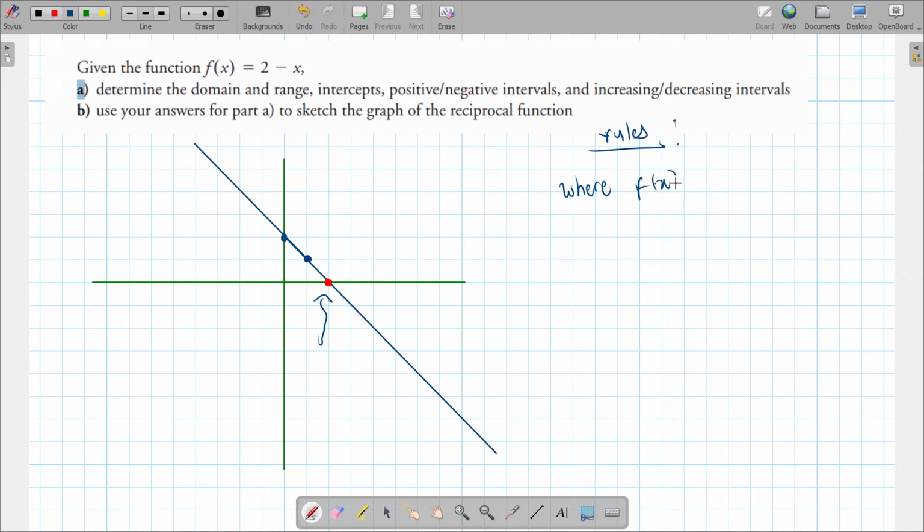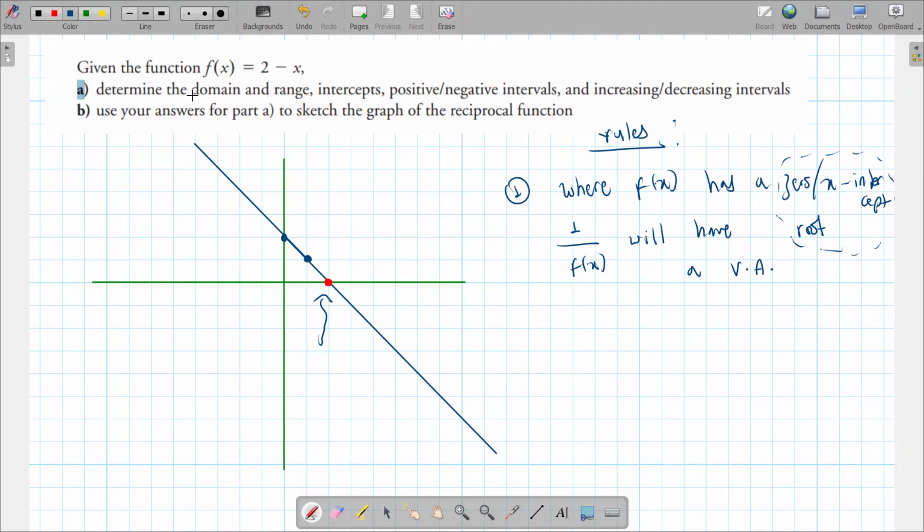So wherever f of x has a 0 or an x-intercept, or it's also called sometimes a root, all three of these mean the x-intercept. Wherever f of x has a 0, 1 over f of x will have a vertical asymptote.